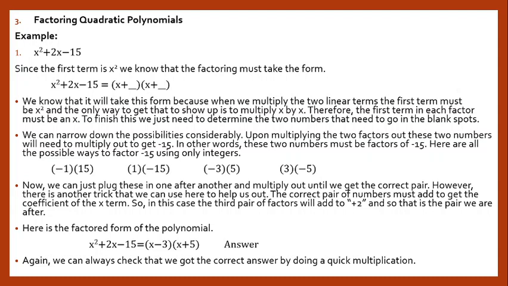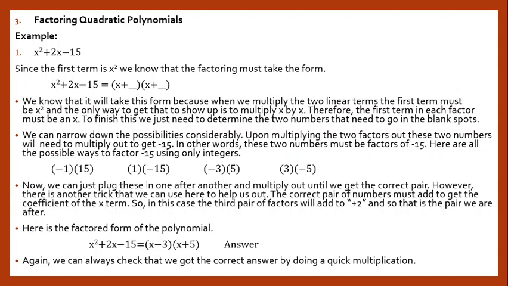Okay? So, yan yung apat na possible. Negative 1, 15, or 1, negative 15, tapos negative 3, 5, tapos 3, negative 5. So, ang hinirap lang nito ay kapag yung last term ng given na quadratic polynomial ay napakadami ng possible na numbers to multiply. Ayun lang.